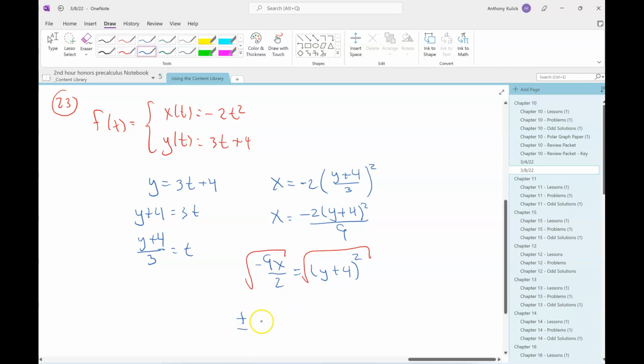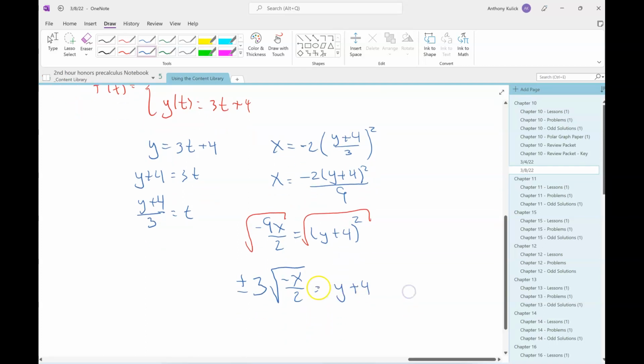Remember, when I square root both sides of an equation, that creates a plus or minus. The square root of 9, I can take that out and make that 3. And then I can subtract 4 from both sides. So that's that.